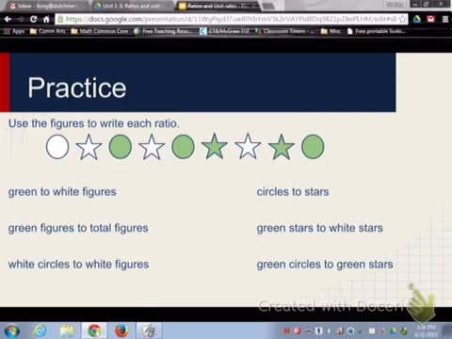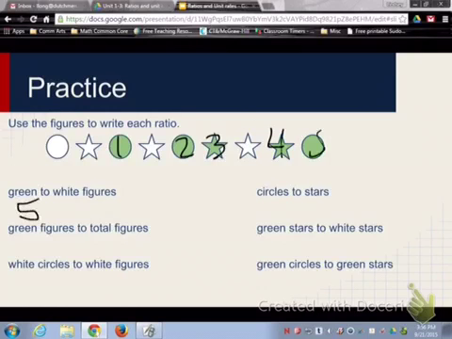Okay, let's try some more practice. This time we're going to use the figures to write each ratio. So, it is important when you're doing these that you list the numbers in the order that it's written. So, for our first one, green to white figures, we want our green figures to be written first in the ratio. So, if we look at our pictures, we see that we have 1, 2, 3, 4, 5 green figures.